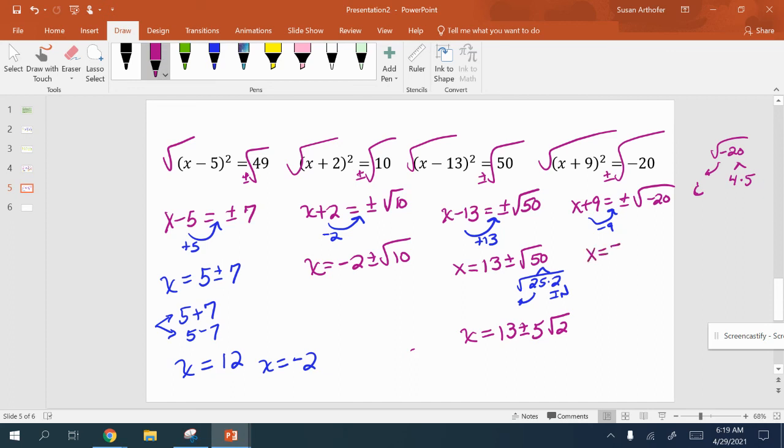X would be equal to negative 9 plus or minus square root negative 20. Negative comes out as i. 20, 4 and 5. Out comes 2, in stays 5. Final answer: x equals negative 9 plus or minus 2i rad 5.